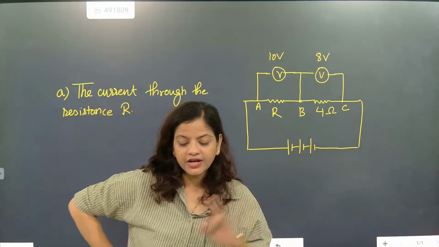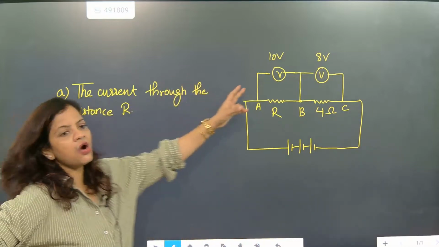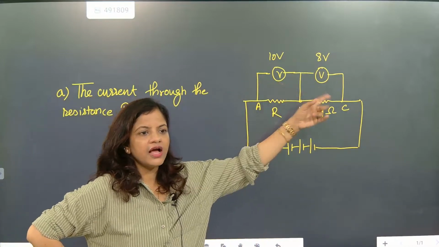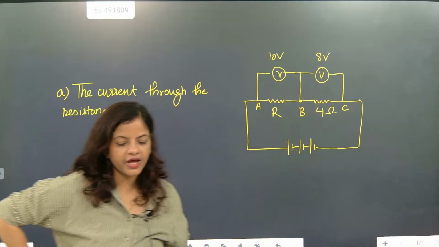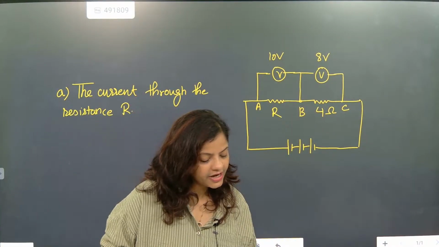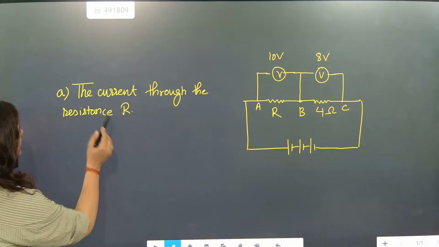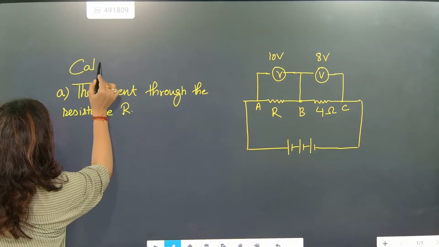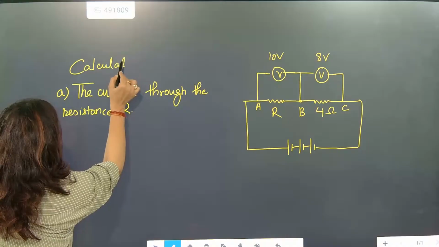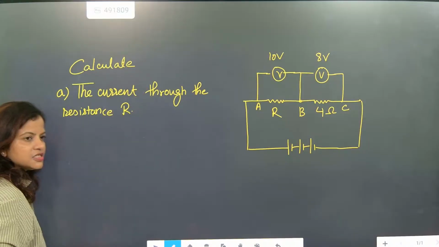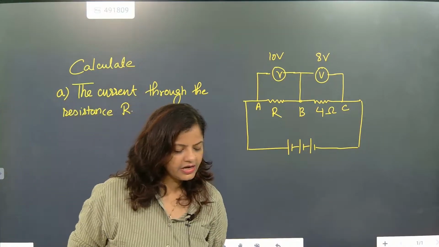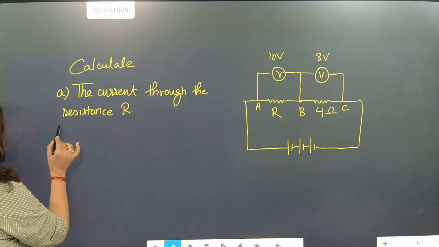Yes, 10 volt, and see here how much it is, beta? 10 volt, and how much? 8 volt. Okay. So now what is the next part they are telling? The current through the resistance R. First, what you have to calculate? First part is the current through resistance R. Second is the value of R. Second part of the question.